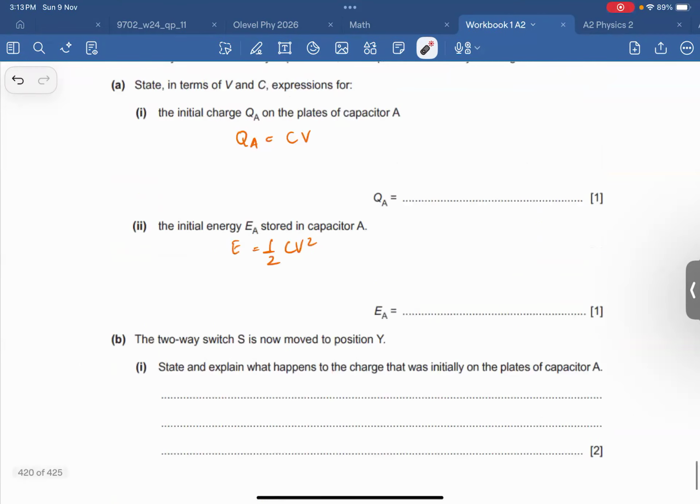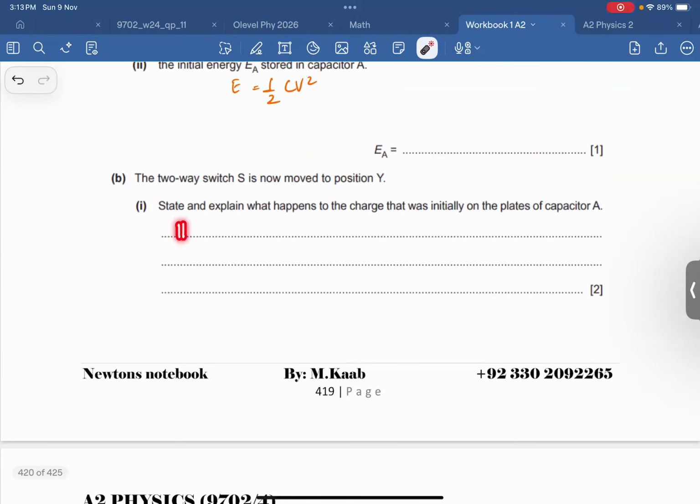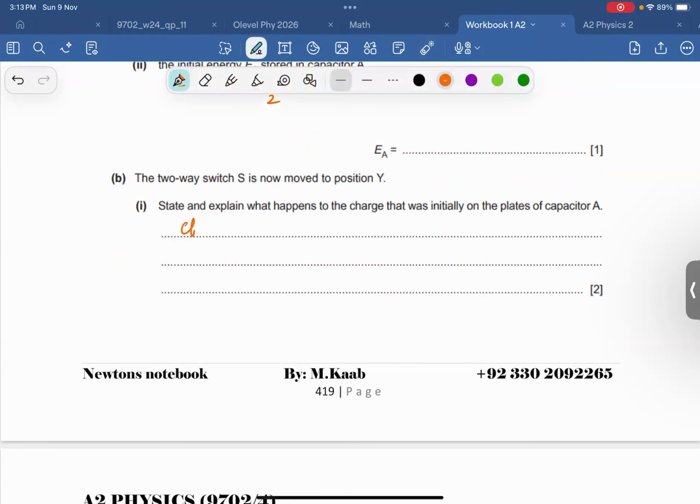We can say that the charges start moving from capacitor A to capacitor B.